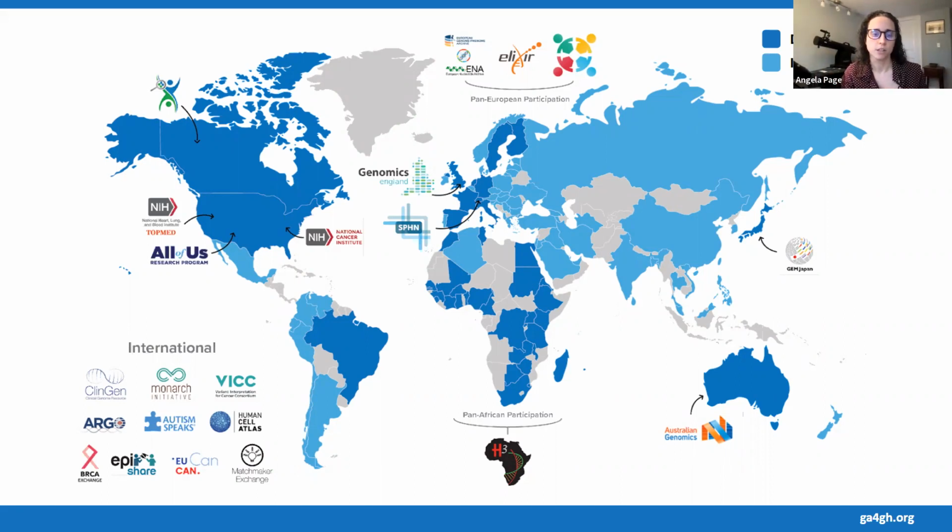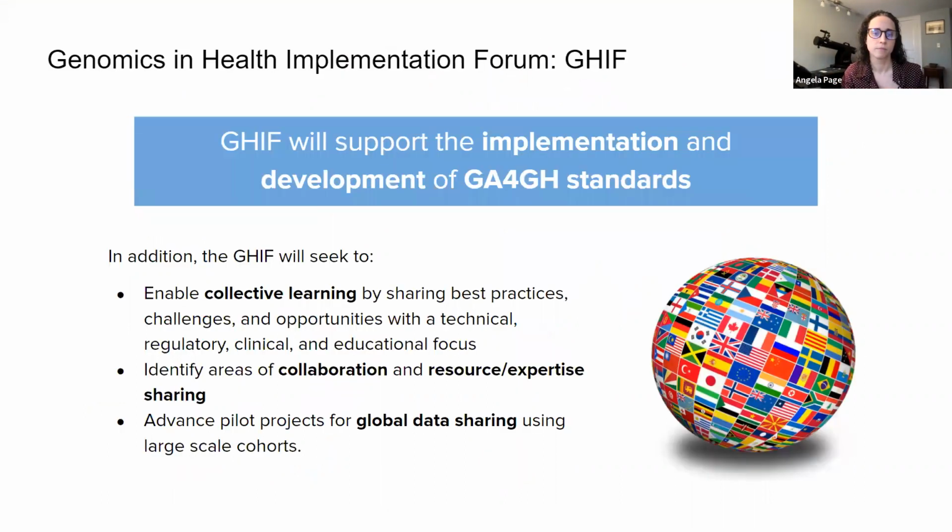That's really the strategy we have for engagement there. And then similarly, there's a group called the Genomics and Health Implementation Forum, or GIF. This is the group that implements GA4GH standards in the real world at the end of the day.